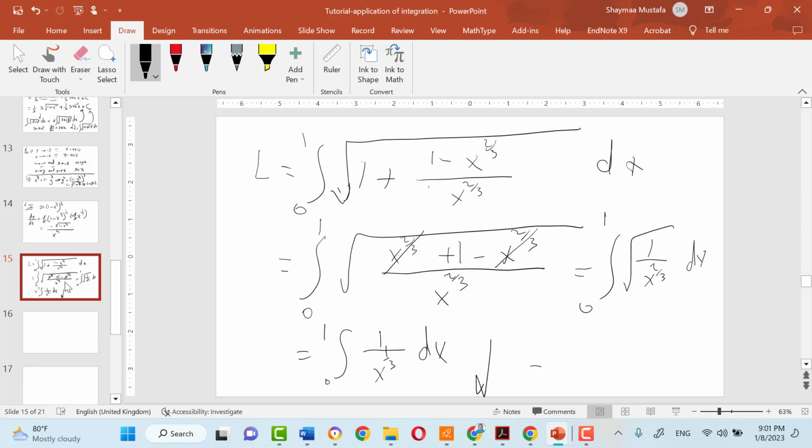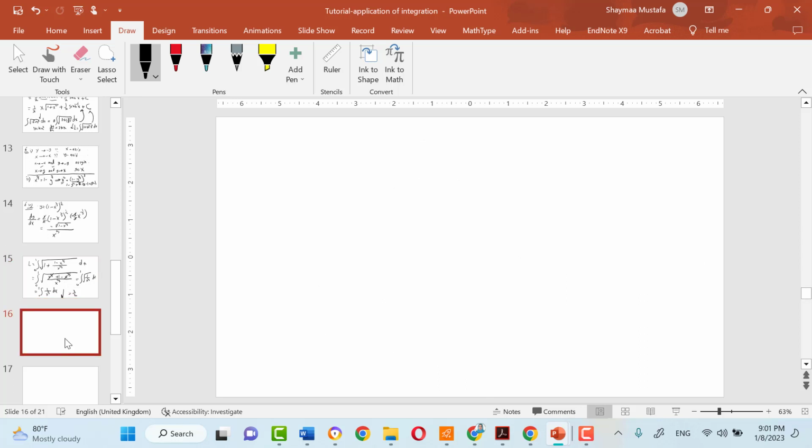The final answer is 3 over 2. For VI you will use the same as 6 IV, but your integration will be from square root over 4 until 1. That's all. Same integration, but only the boundary will be changed.